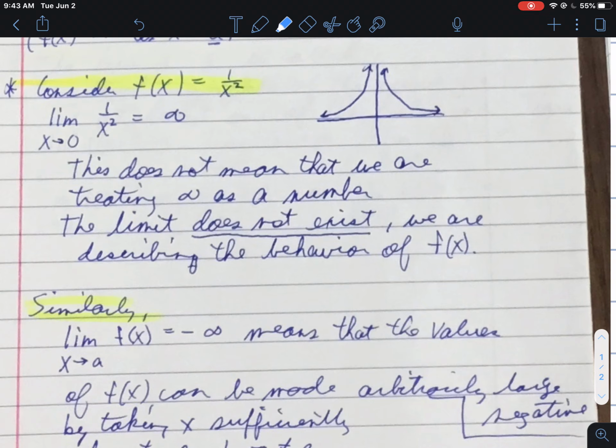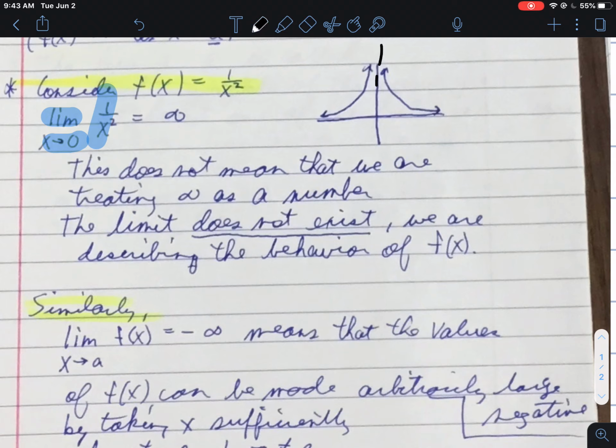If you look at that limit as x approaches 0 of 1 over x squared, right, graphically we can make the observation that, look, the graph of that function is shooting off to infinity. The values are getting larger and larger. And we talk about this is a rational function. There's a vertical asymptote here.